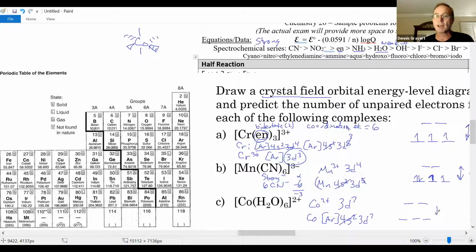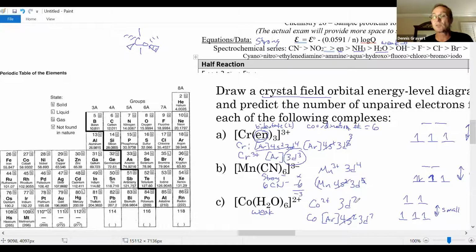What kind of gap do we have? It's water. That's the break point. That's the start of the weak field ligands. That means you have a small gap. So spread them all out, 1 electron each before pairing. How many electrons? 7. So 1, 2, 3, small gap. So go ahead and put them up here. I got 5 electrons, 1 in each.